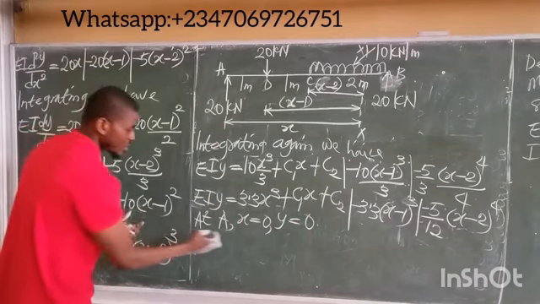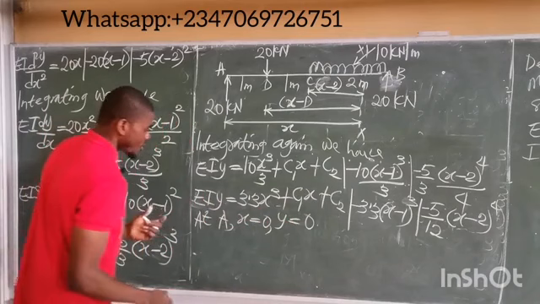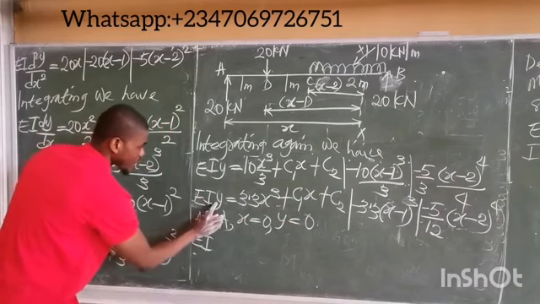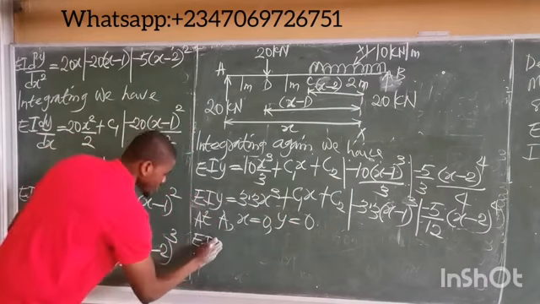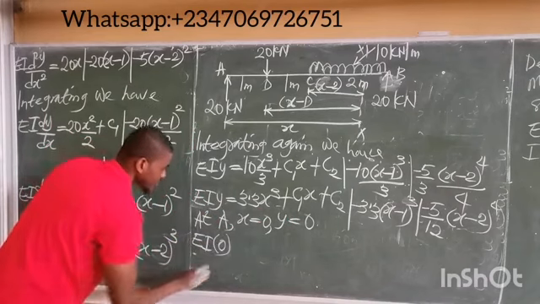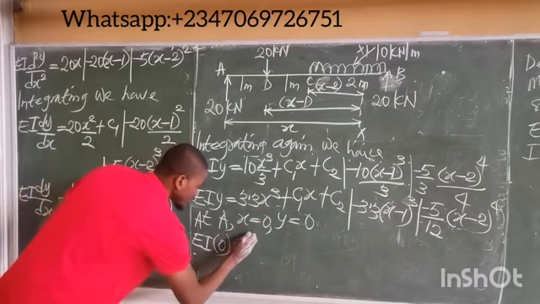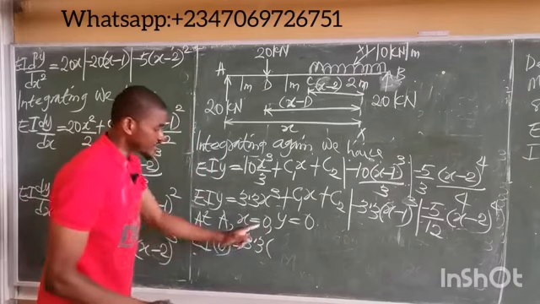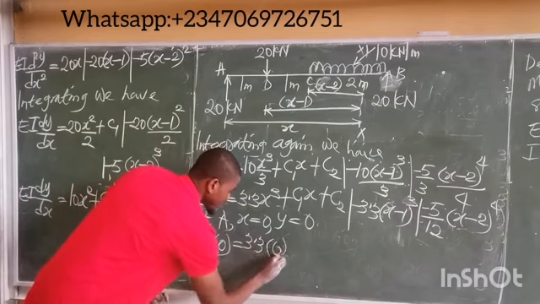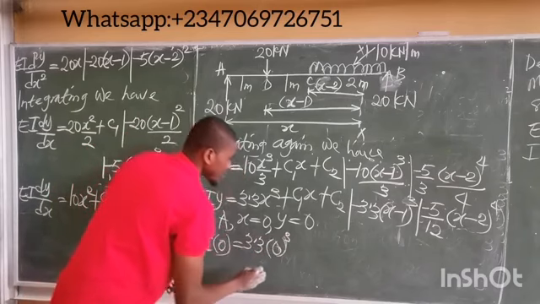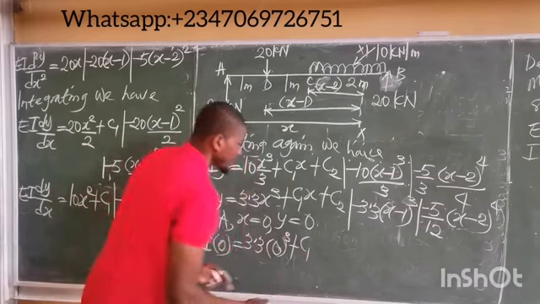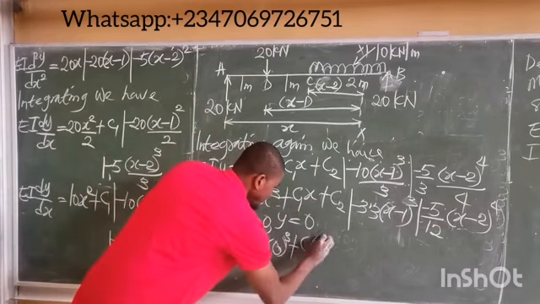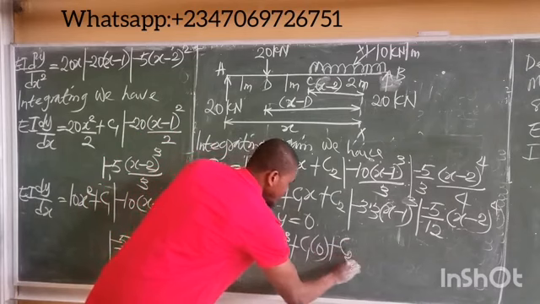So if I put in these values now into the equation, I will obtain EI in place of y. Y is simply 0, so it becomes EI times 0, and this is equal to 3.3 in place of x cubed. X is 0, so I will simply have 0 all cube, plus C1 in place of x. X is also 0, so I'll simply have times 0, plus C2.